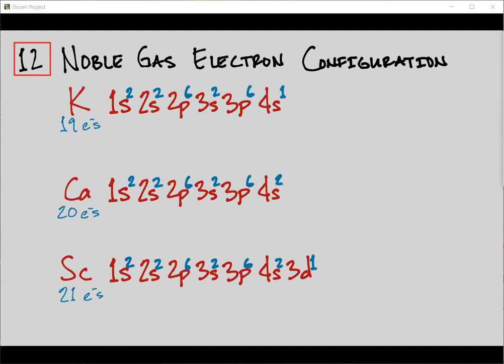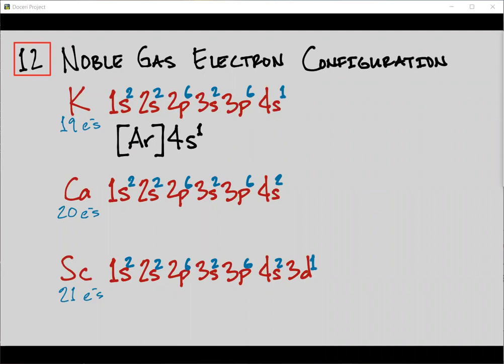Okay, so that's going to be your starting point, and argon has 18 electrons. So you would essentially replace these 18 electrons here from 1s all the way to 3p with argon, and then write out the rest. So that would be argon in brackets, followed by the remaining electron configuration, which is 4s1.